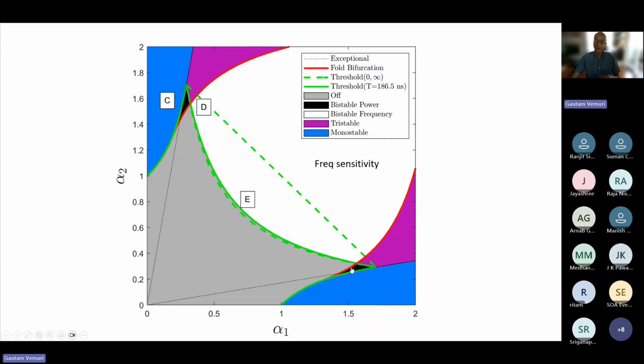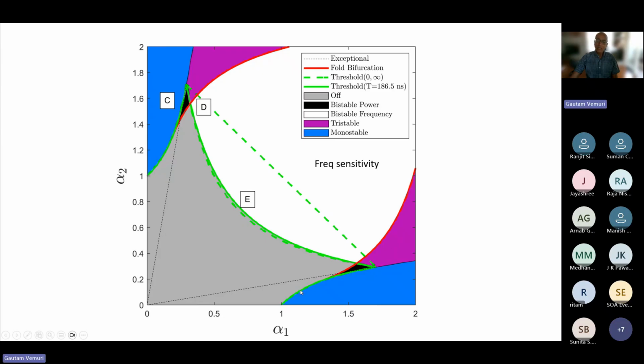It turns on and off depending upon whether I cross from the blue to the black or from the gray to the black. In this magenta region, the laser shows tristable frequency, and in the white region, bistable frequency. This red curve on both sides is a fold bifurcation, which in the language of nonlinear dynamics essentially means that two stable attractors and an unstable attractor come together and annihilate each other.